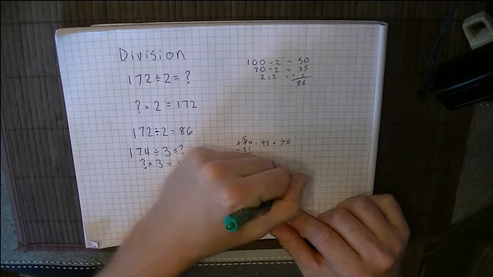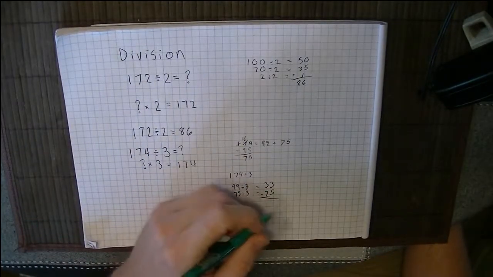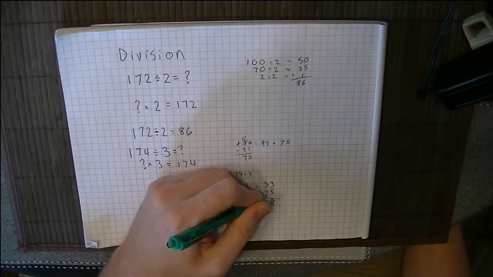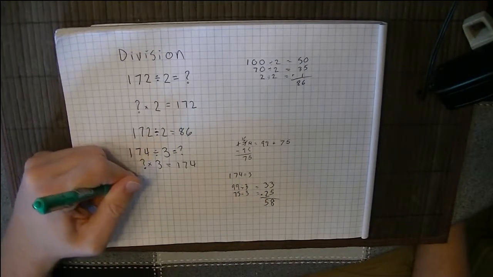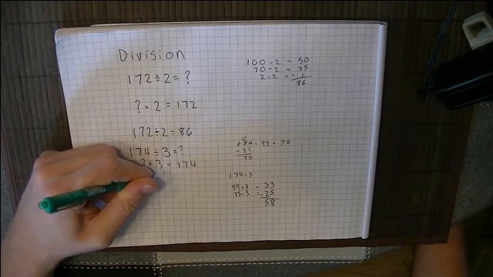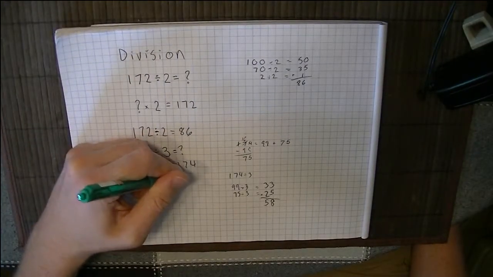So I can add those up to get my answer. So 3 plus 5 is 8, and 3 plus 2 is 5. And so what I have then is 174 divided by 3 is equal to 58.